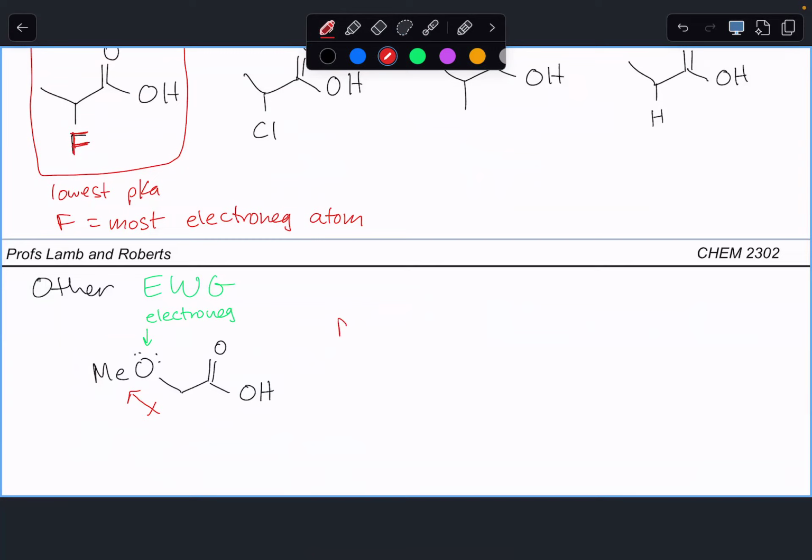And the pKa of this guy is 3.6. So remember, we're benchmarking against 4.7. So this is lower than acetic acid. So we have this dipole away, again, inductively withdrawing.